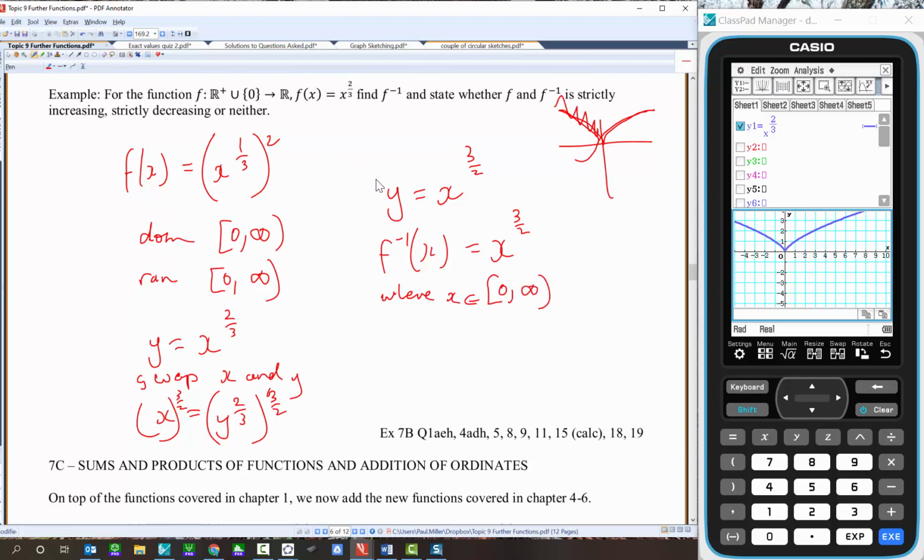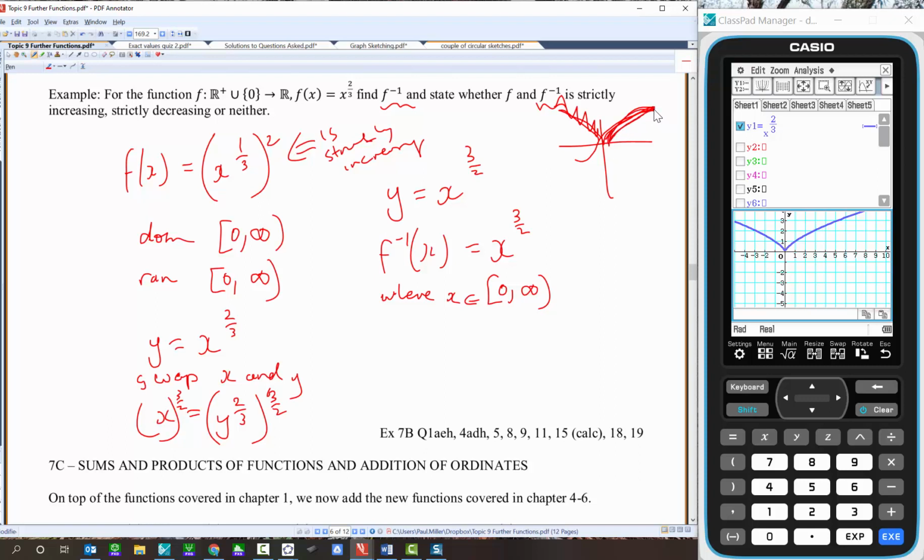All right, now so that's f negative 1, that's the inverse function, and we need to work out whether it is strictly increasing or not. So to do that, let's just note the original function, this one here, is strictly increasing. That's that one there.